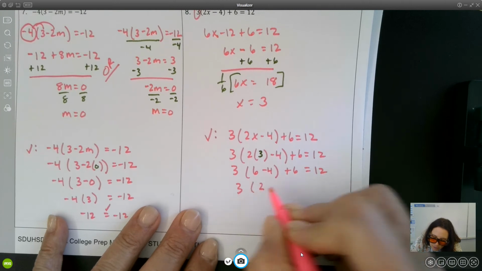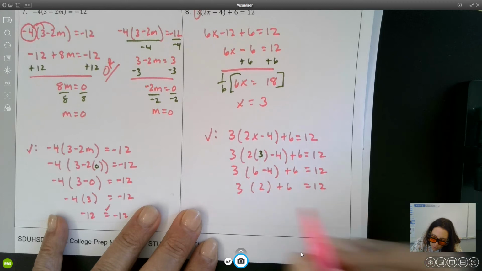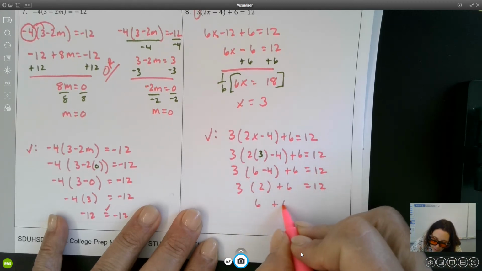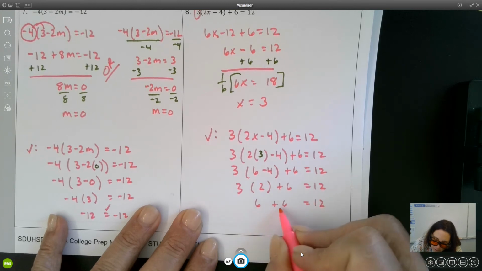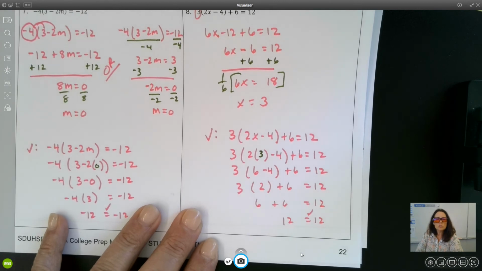That would be 3 times 2 plus 6 equal 12. 3 times 2 happens before you add 6. 6 plus 6 equal 12. 6 plus 6, yep, is 12, equal to 12.